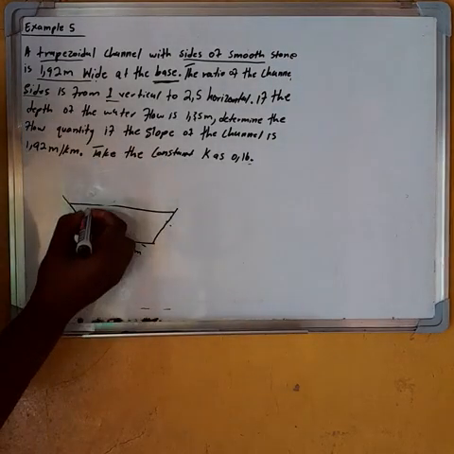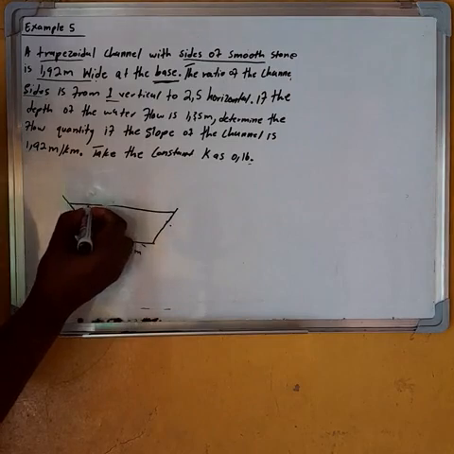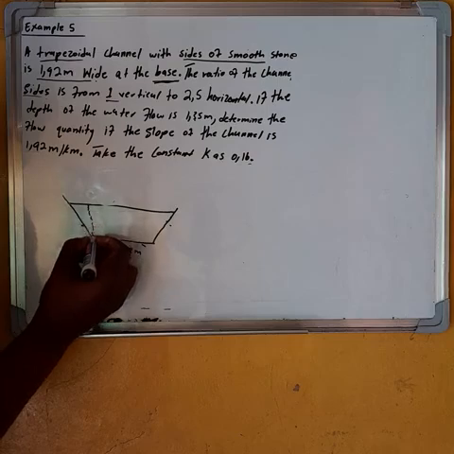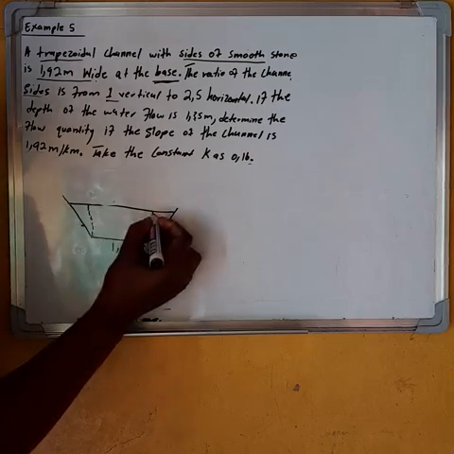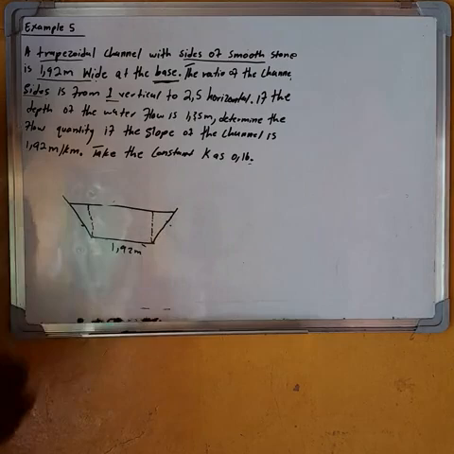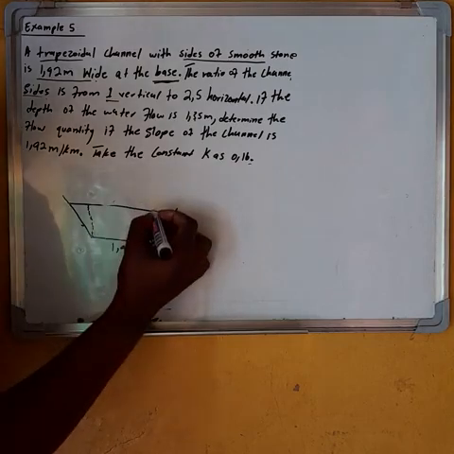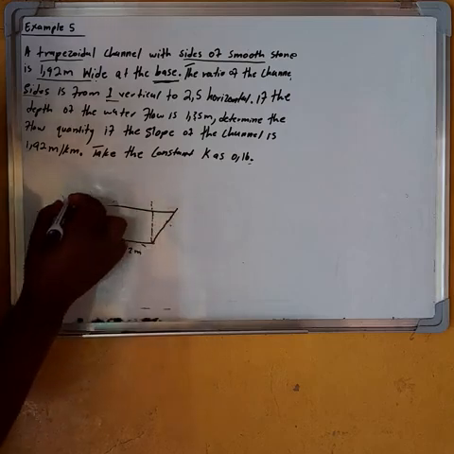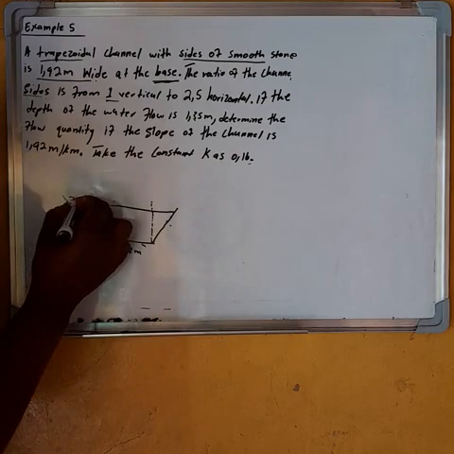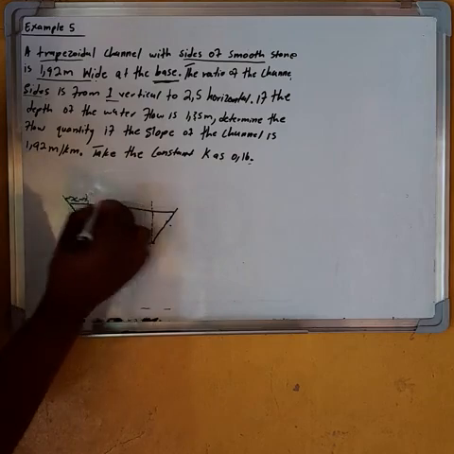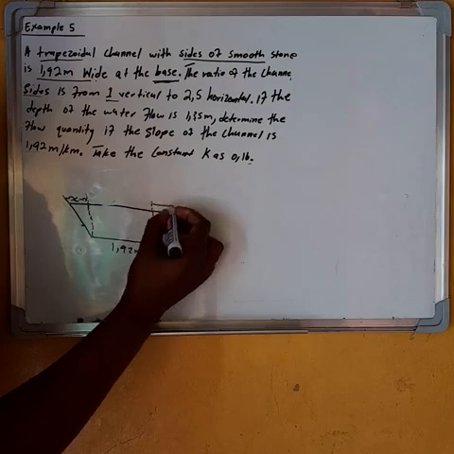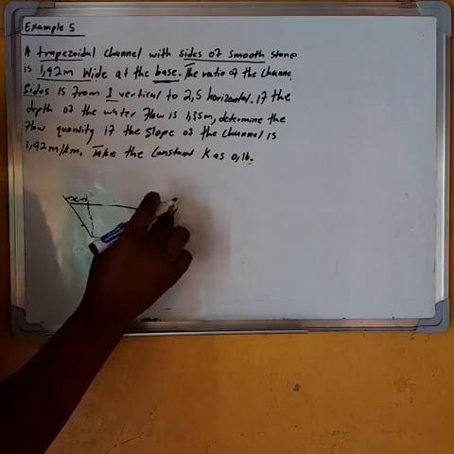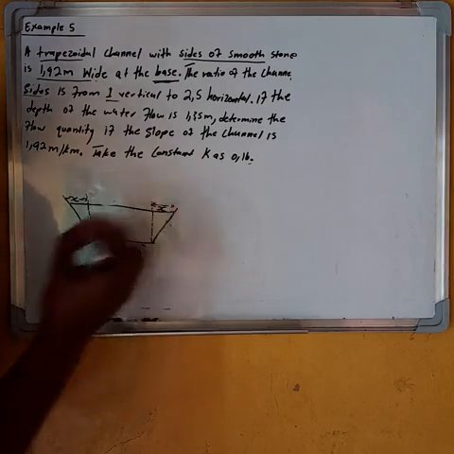From here to the corner, construct straight lines up like this, and extend them like this. Then call this distance x, from here up until there. It's up to you which letter you prefer, but call it x.